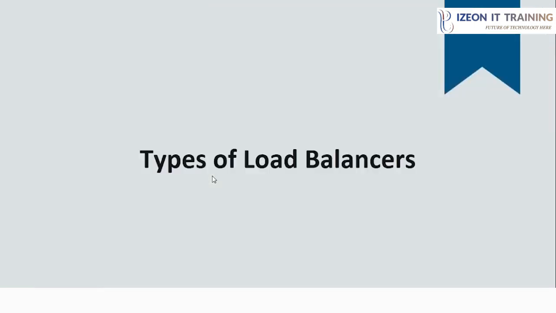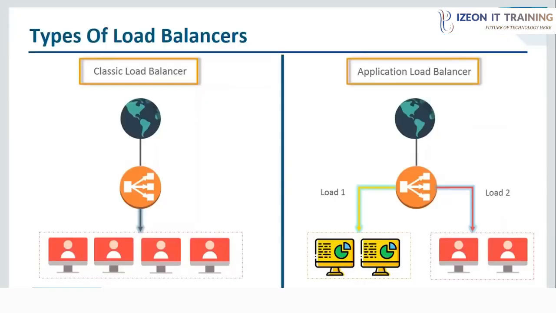Now, like I said, the traffic is distributed in two ways. The first type is to equally distribute it among the number of servers. Say there are 5 servers, so it will distribute it among the 5 servers. But if there are two kinds of servers, your load balancer can identify what kind of request is being made by your user.